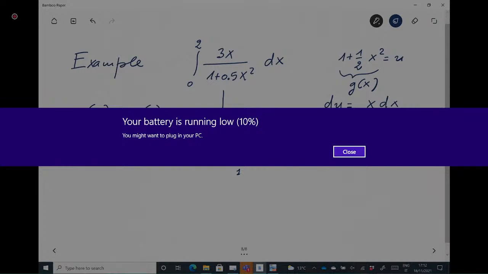I can neglect the absolute value because u runs from 1 to 3, so the log of u is well defined, and u is positive. So it's 3 times the log of u from 1 to 3. This is equal to 3 times the log of 3.